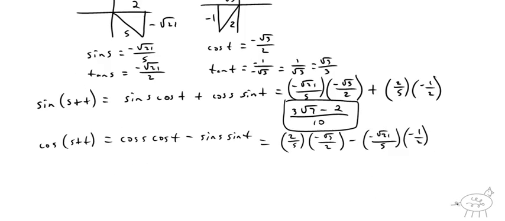Okay, I need to move this down a little bit here. If I multiply that together, I get negative 2 root 3, and that's 3 negatives, so it's minus root 21 over 10.